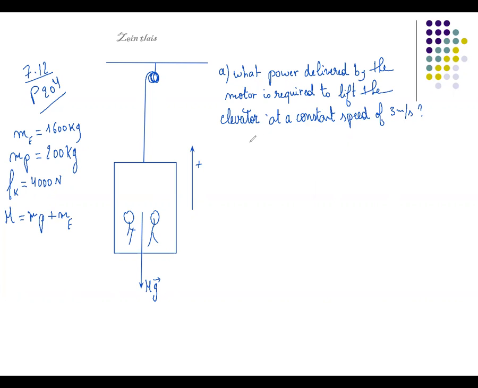So I have to find the power of the motor in order to have a speed of 3 meter per second. Okay, it's a constant speed. So in this case, a equals 0.